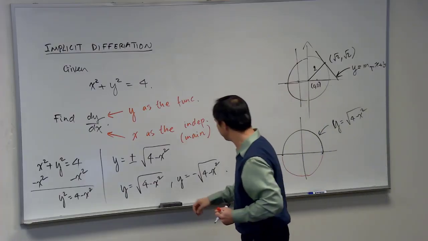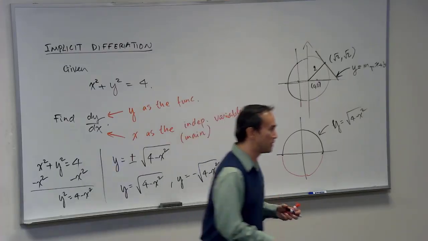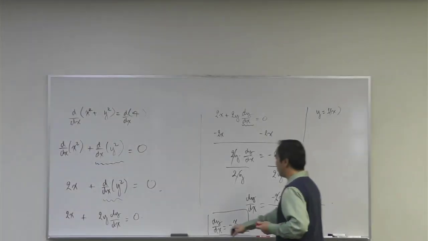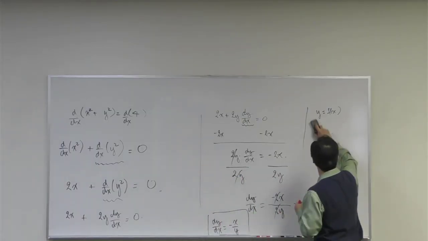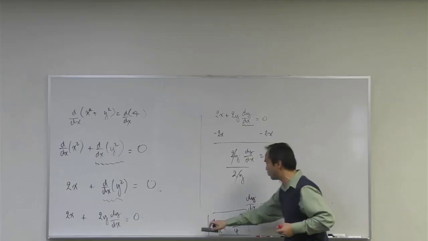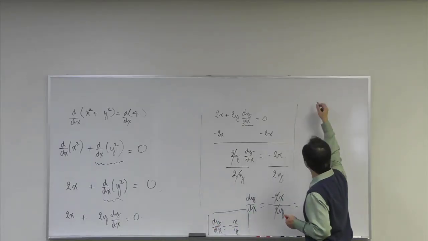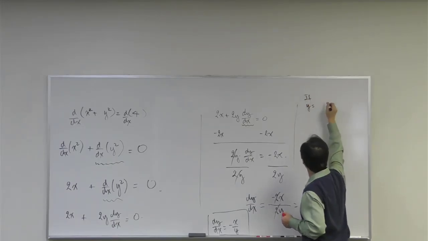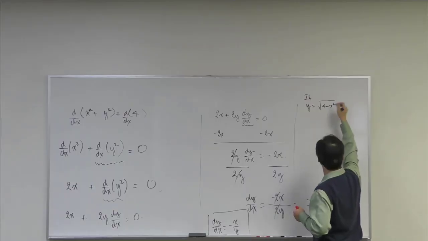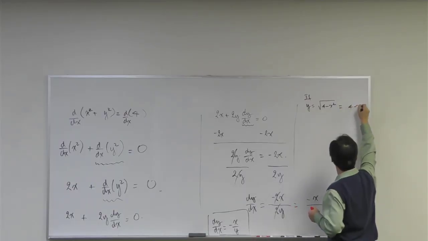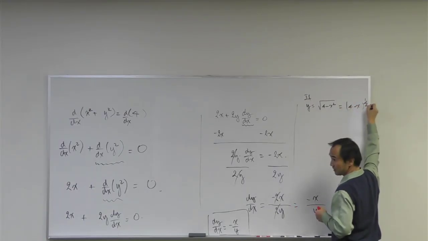So think about it like this. The work may become a little big right here. In your experience, up to this point, I'm just trying to explain for you this general concept about why we are having a y in there. Just think about it. If you chose your y equals square root of 4 minus x squared, that means that you can rewrite this algebraically as 4 minus x squared to the 1/2 power. You guys agree? Okay.